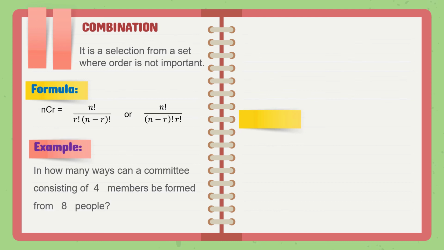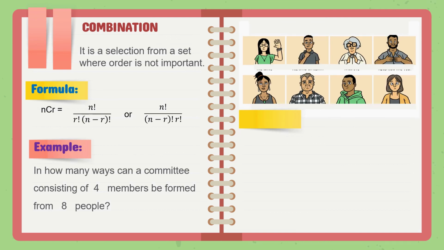For example, in how many ways can a committee consisting of 4 members be formed from 8 people? We're given with 8 people, and we are going to select 4 members out from the 8 people to form a committee.